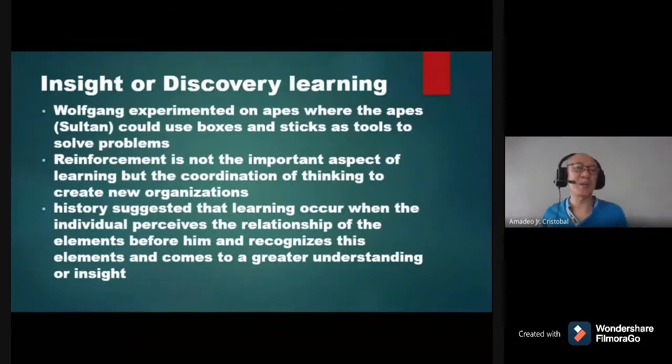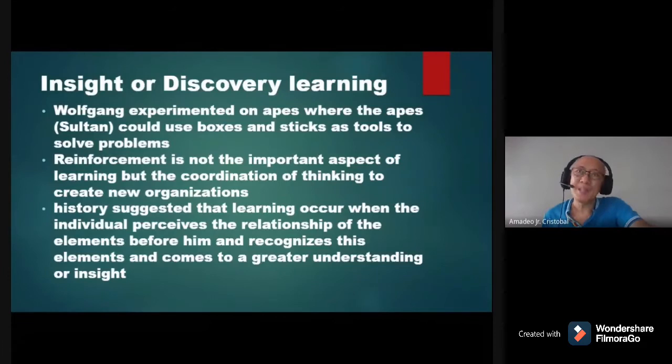You will see that Gestalt psychology is opposing that the important aspect of learning is reinforcement, and instead it is the use of thinking to create new organizations, like what happened to the apes. It is suggested that learning occurs when the individual perceives the relationship of the elements before him.